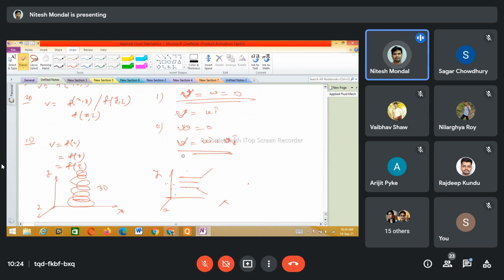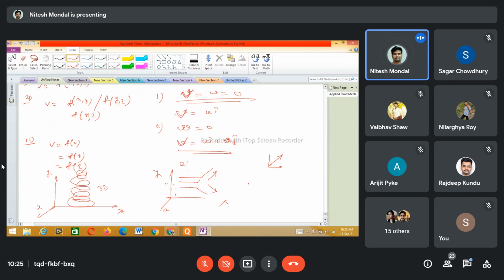Then it will split into components like this, in this way and in this way. So if this is the vector, then it has two components. If a liquid is flowing in a plane, just on your floor, then it has two components. So this is a 2D plane.